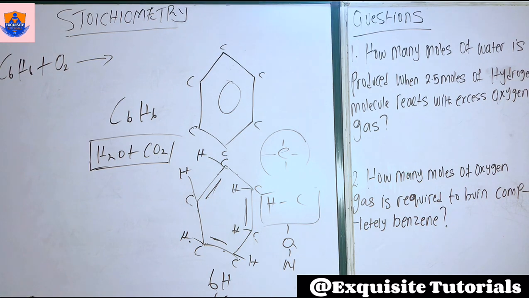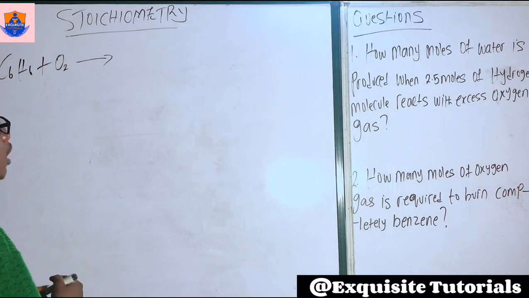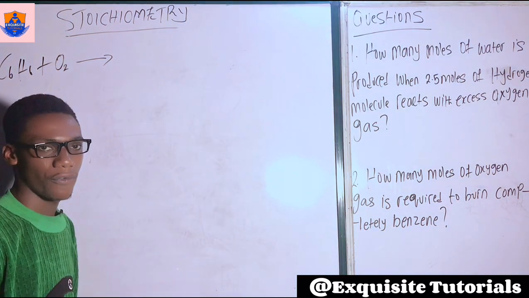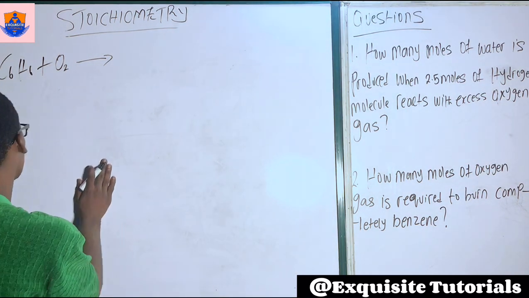Okay, so now burning hydrocarbons in air has a formula, and that formula is called the combustion formula. Now let's take this.